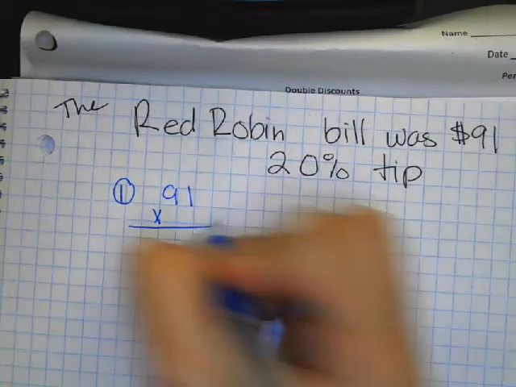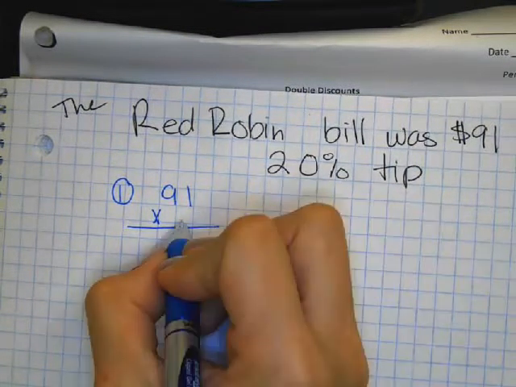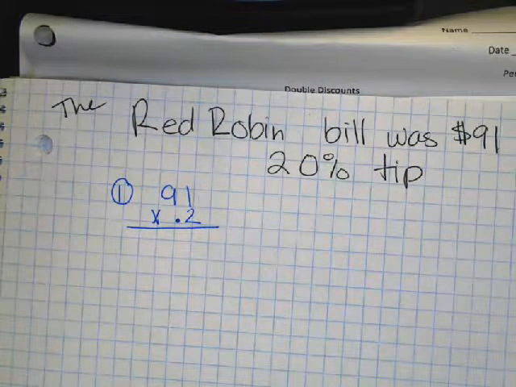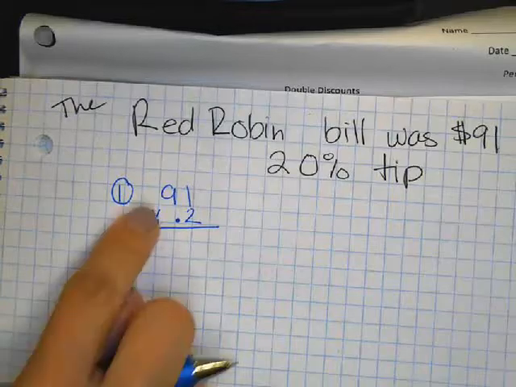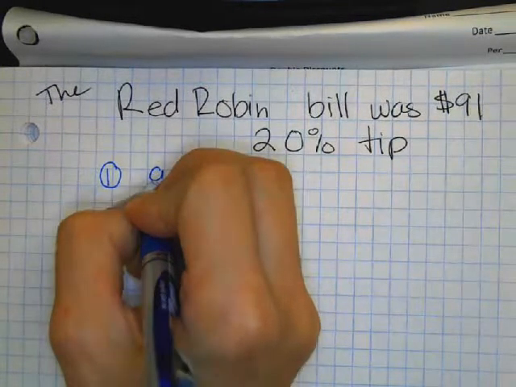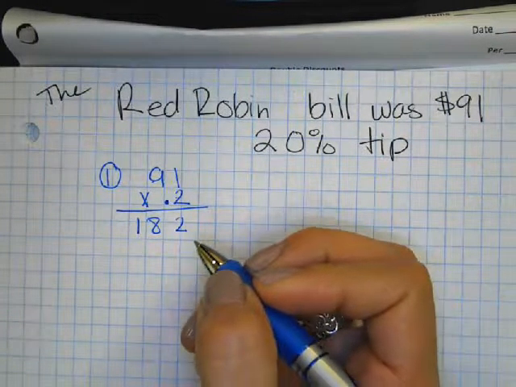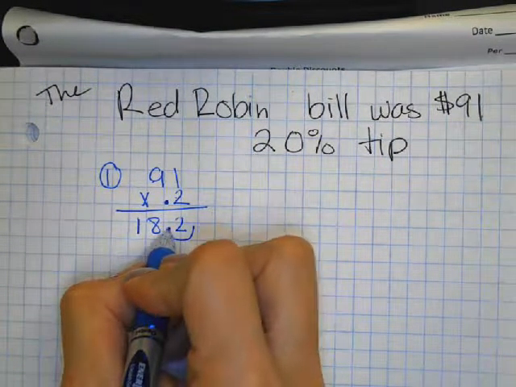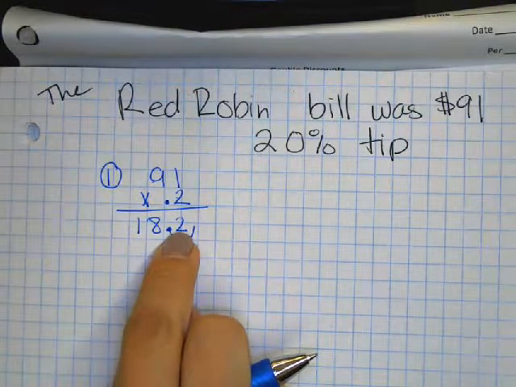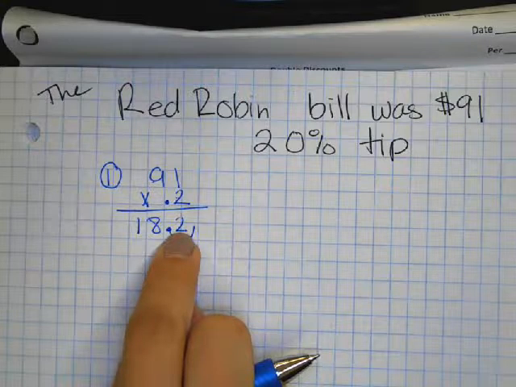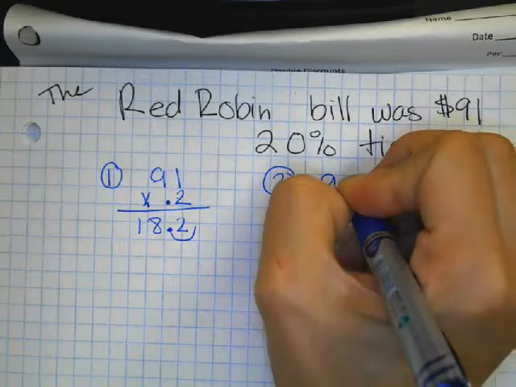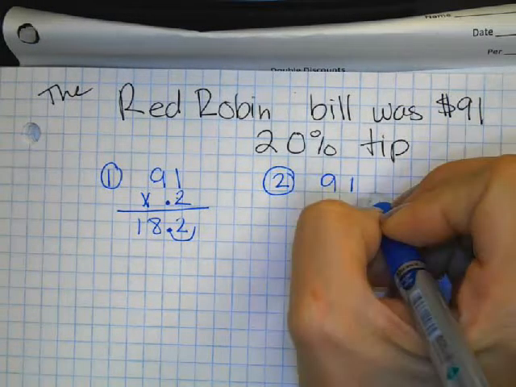91 times what? Nope. 0.2. Remember, we can drop that 0. Multiply. How many times do I move it? Okay. Which 0.2 is how many cents? 20 cents, right? Okay, number 2. Where is the decimal on $91? In the back.